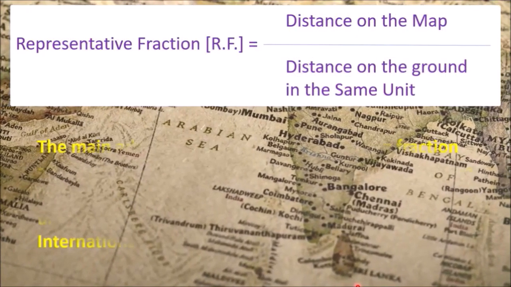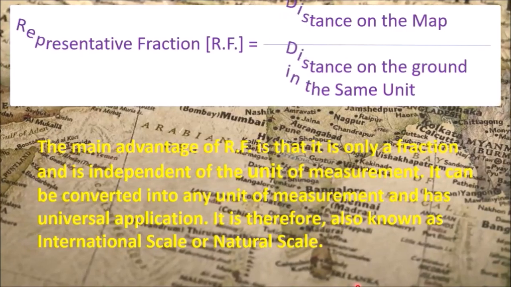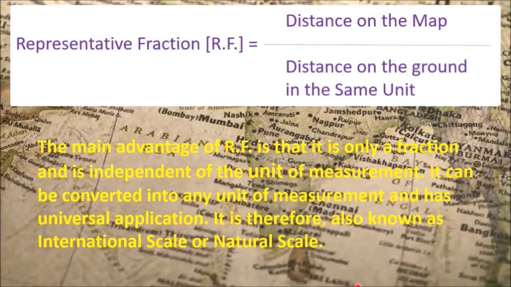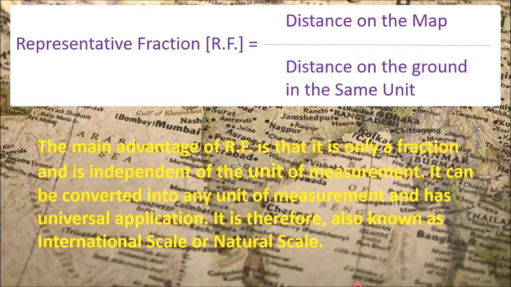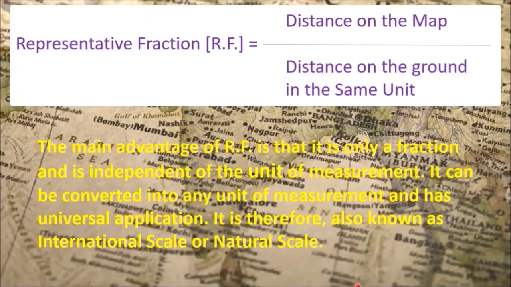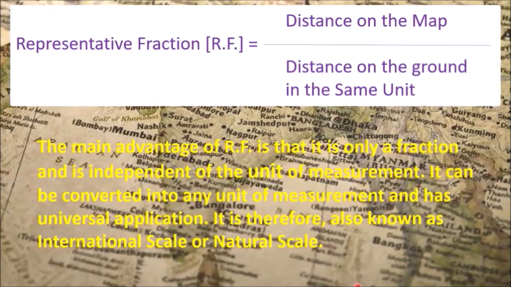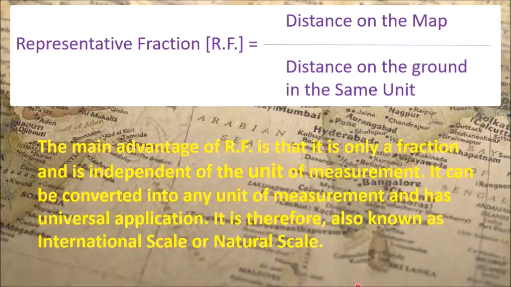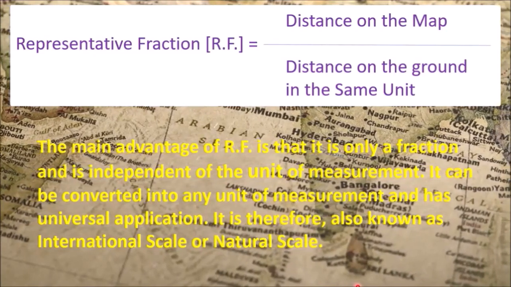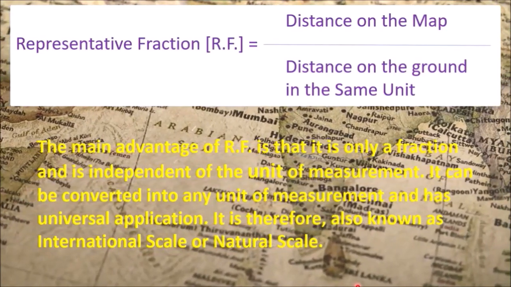Representative fraction, or RF, is equal to distance on a map upon distance on the ground. The most important point in a representative fraction is that the unit of measurement of distances in the numerator and denominator is the same.